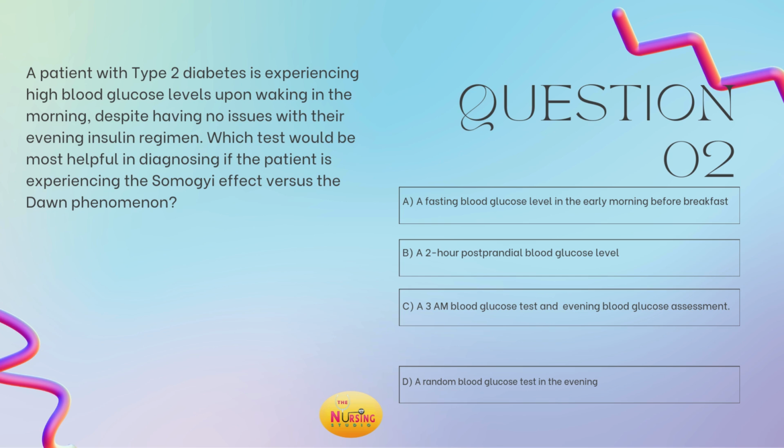So remembering that Somogyi effect has rebound early morning hyperglycemia after having that hypoglycemia at night. So a couple of things. We want to do C. We want to get that 3 a.m. blood glucose test, right? To determine that early morning hyperglycemia, and also get you an evening blood glucose test too to see if there's any noted hypoglycemia.